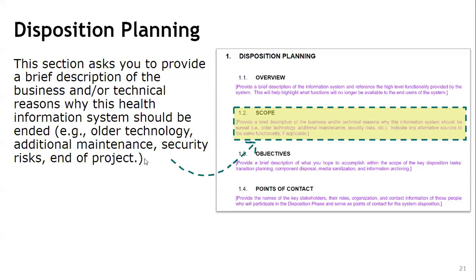We may close a project due to different reasons. One, because of older technology. Two, if there is any need for additional maintenance. Or security risks. Or if there is an end point for the entire project, then we can provide that as a reason.